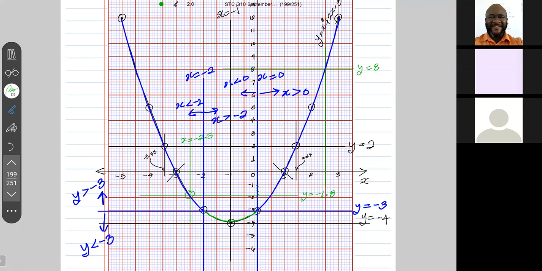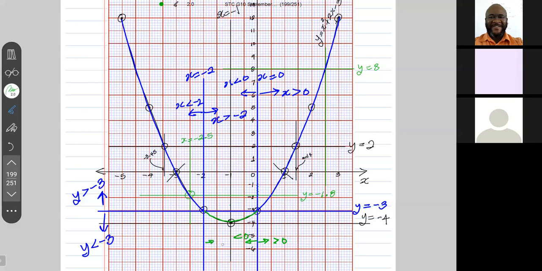Now if you look carefully, you can see that here, this is where x is greater than 0. This is where x is less than 0.